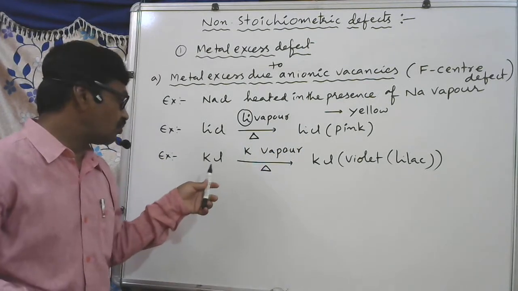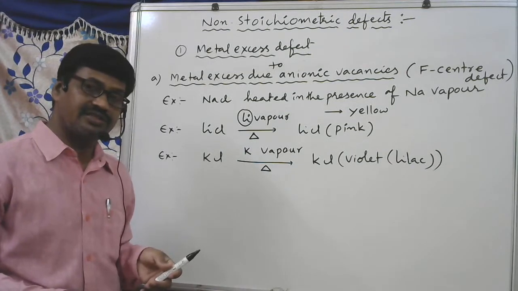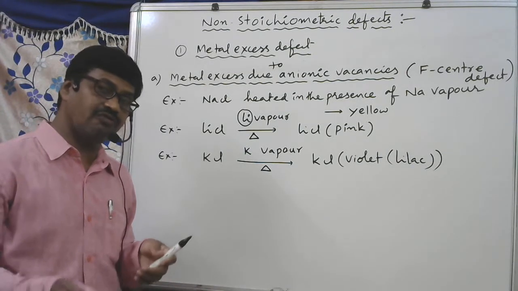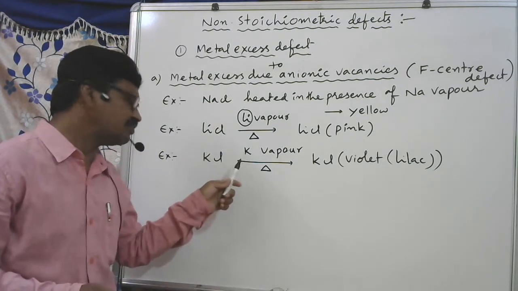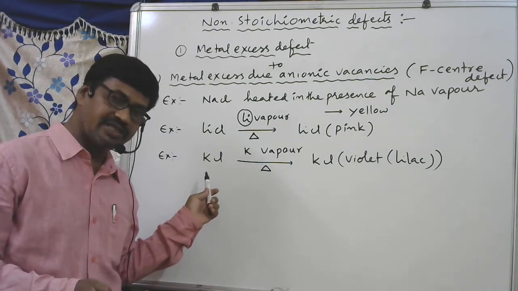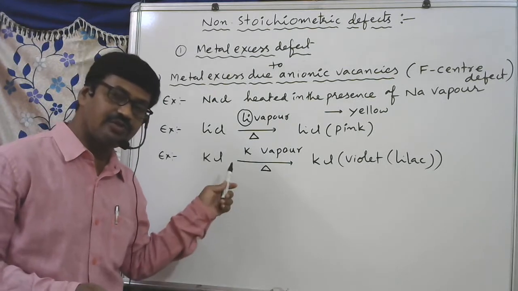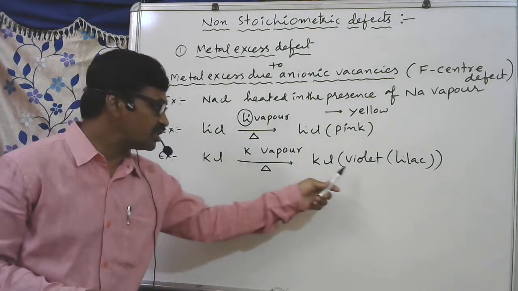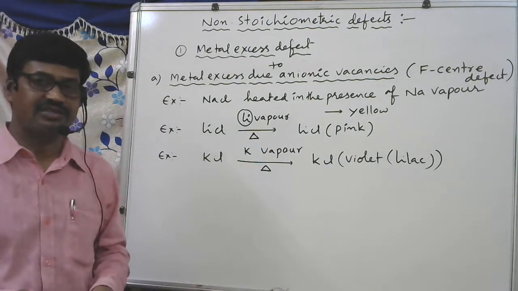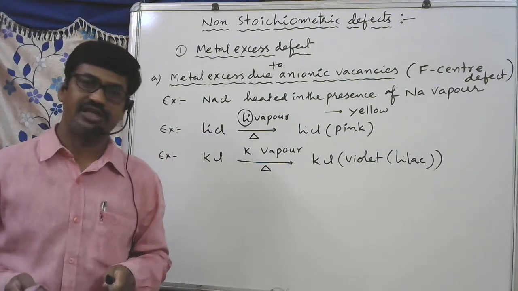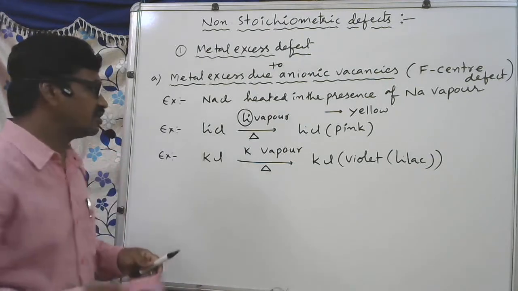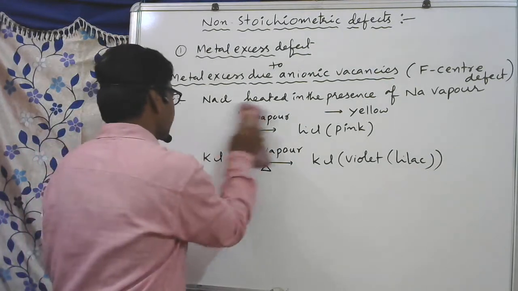Otherwise, excess of potassium in potassium chloride, when it is heated with potassium vapor, produces violet color or lilac color. It is due to this defect, metal excess.